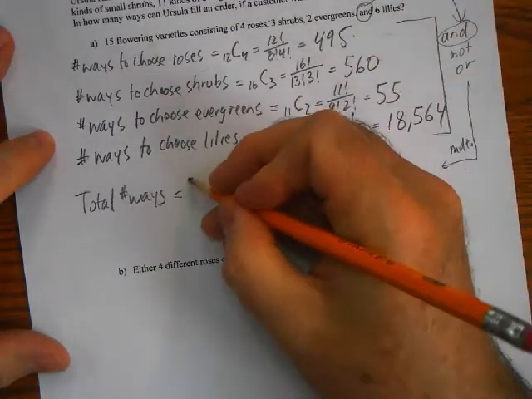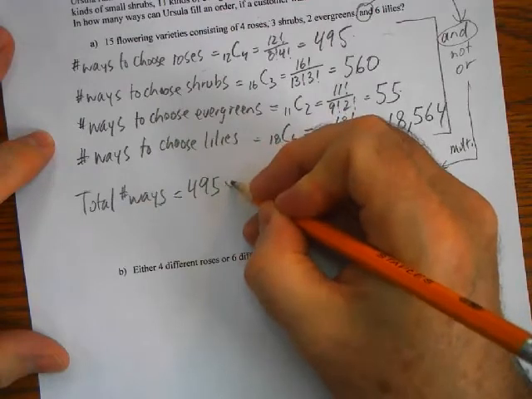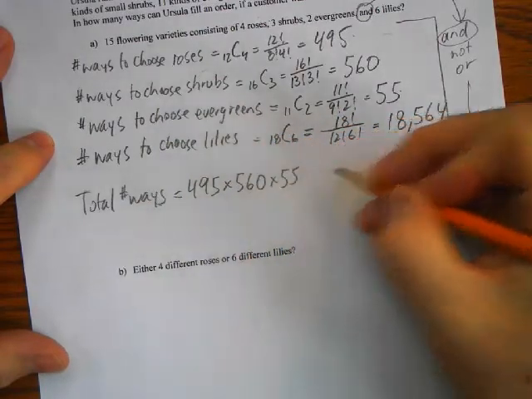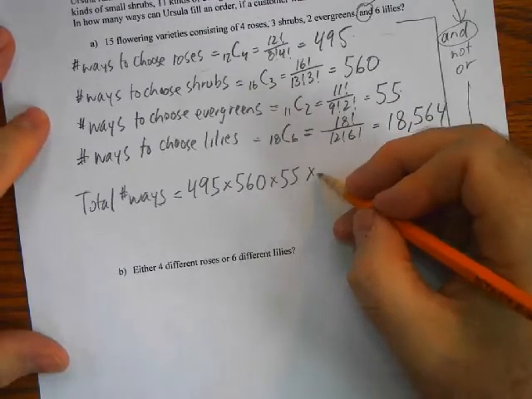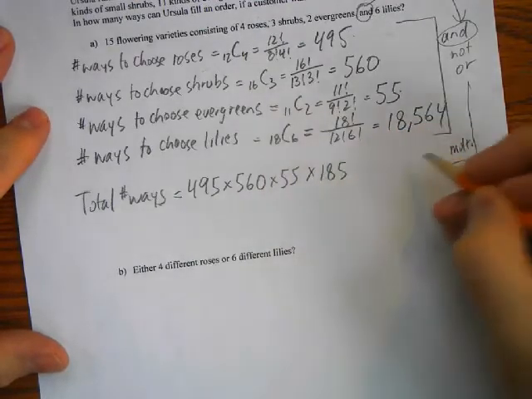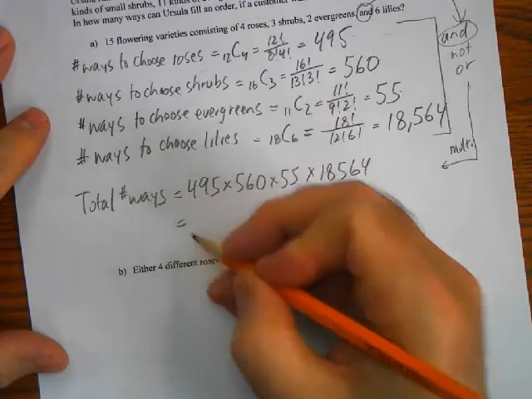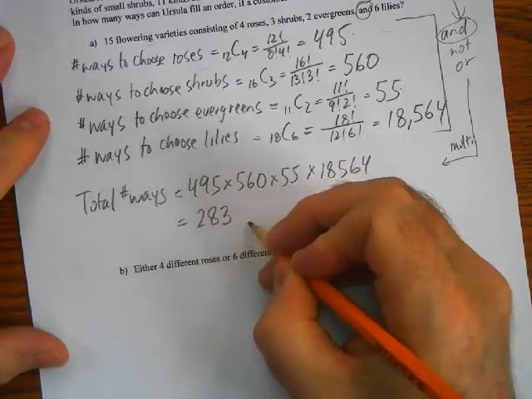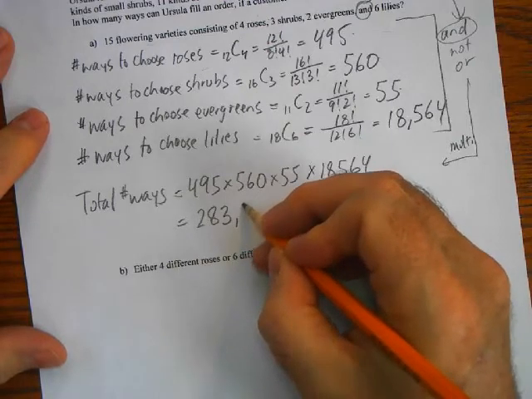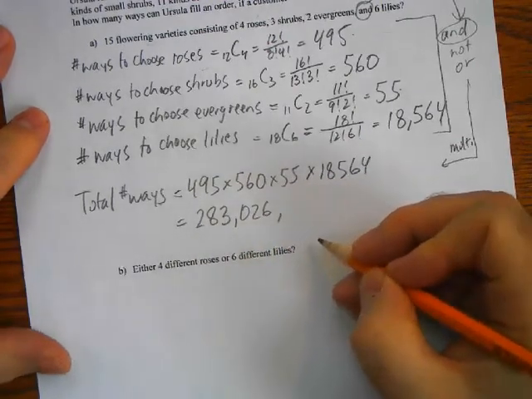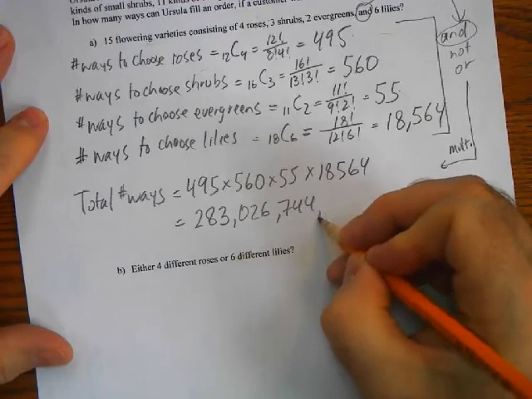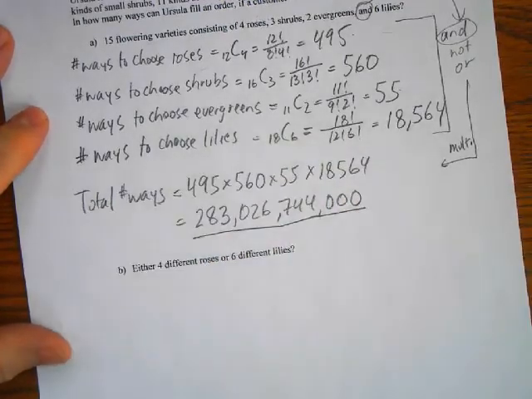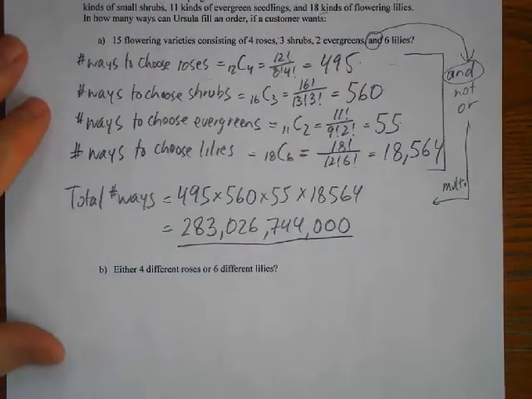So that's 495 times 560 times 55 times 18,564, and that is a pretty humongous number, 283,026,744,000. So lots of options for that customer.